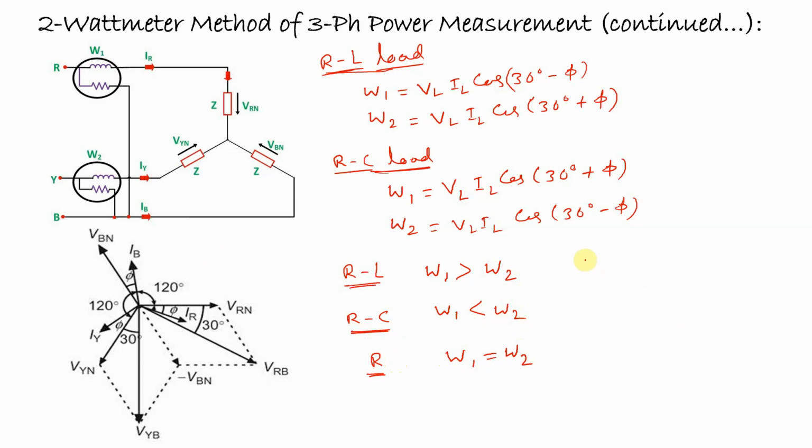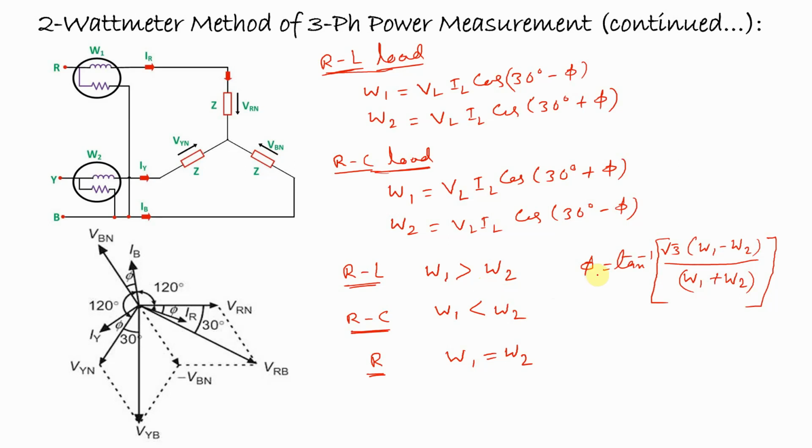So phi is equal to tan inverse of root 3 into W1 minus W2 upon W1 plus W2. Remember one thing, the formula to calculate the value of phi is the same for any type of load, whether it is resistive inductive, resistive capacitive, or purely resistive.